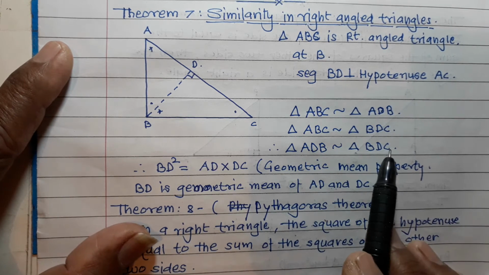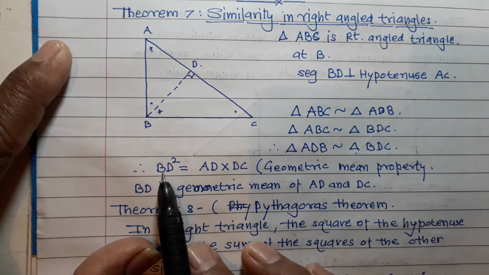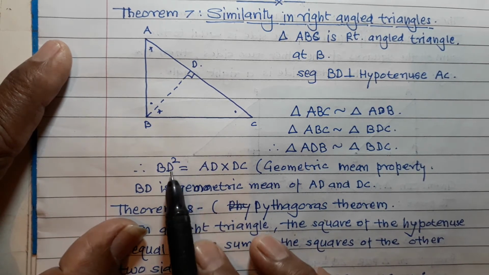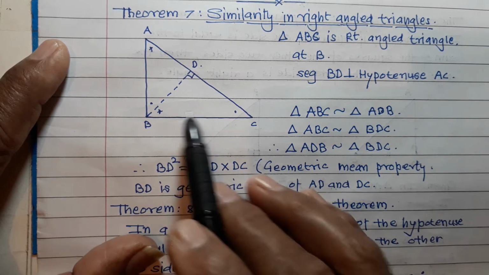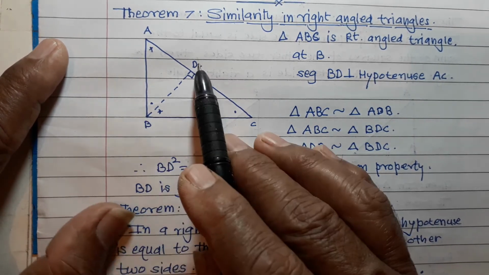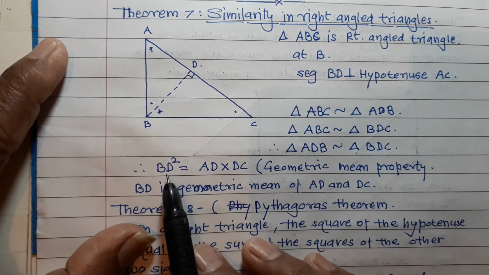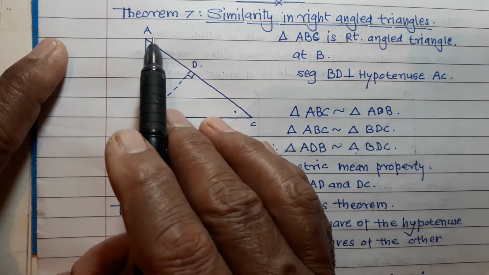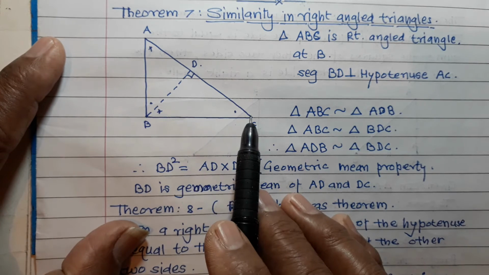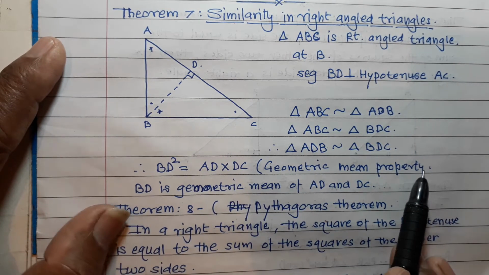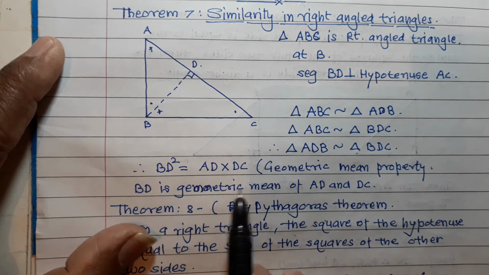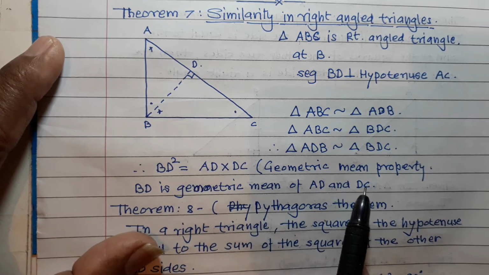If you write their sides, then you will get BD square is equal to AD into DC. So BD is perpendicular drawn on the hypotenuse, and BD square is equal to AD into DC. This is called the geometric mean property. BD is the geometric mean of AD and DC.